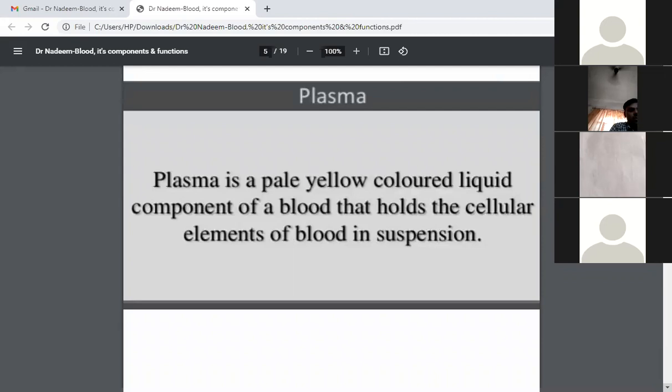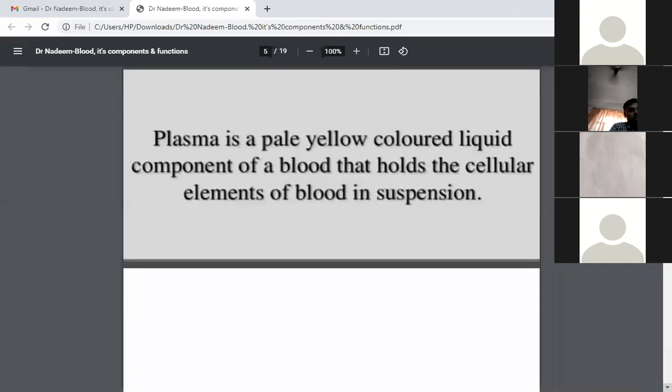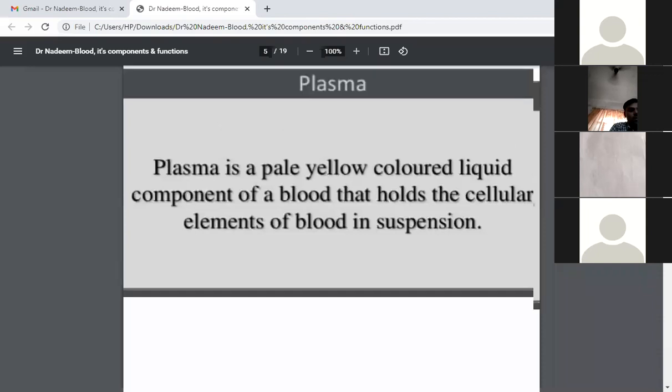Is there any agent? We have studied in the carbohydrates part, polysaccharides. It is added in the blood and works as an anticoagulant. Heparin. Yes, very good.